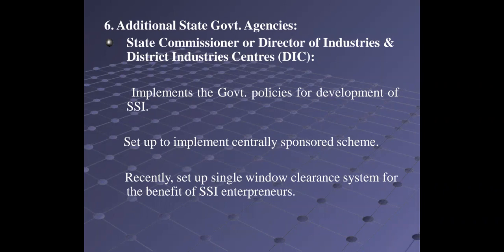And a recently set up single window clearance system is for the benefit of small scale entrepreneurs. Single window clearance means he doesn't have to travel to many places, only at one particular place the clearance will happen, and that is a lot of benefit for small scale industries entrepreneurs.